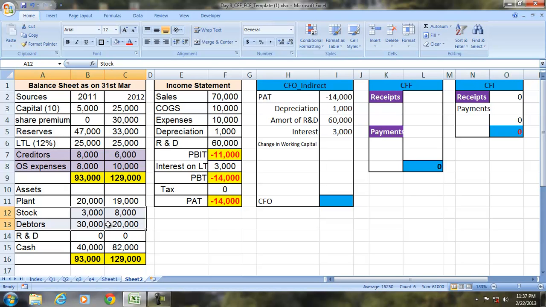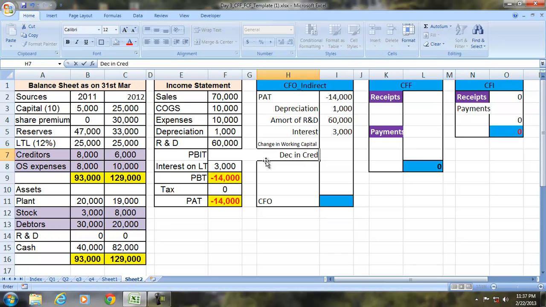So the change in the stock, debtors, creditors and outstanding expenses will tell us about the changes in the operating non-cash working capital. In this case the creditors have decreased, so a decrease in creditors means an outflow of cash. So 6,000 minus 8,000.